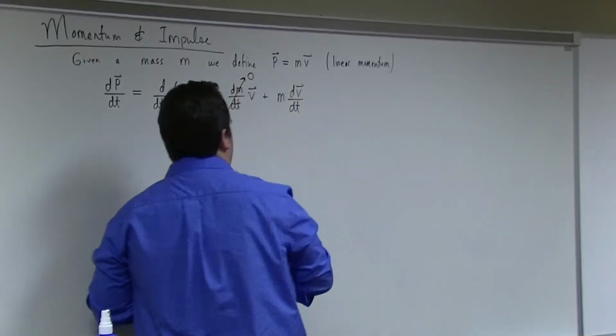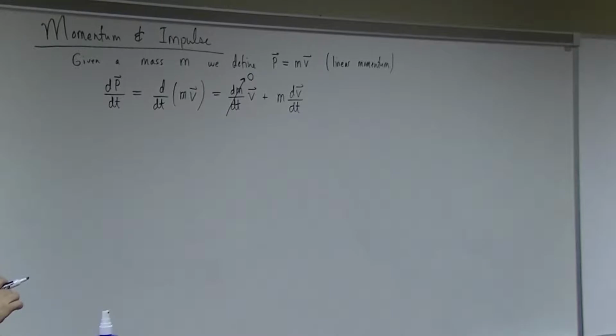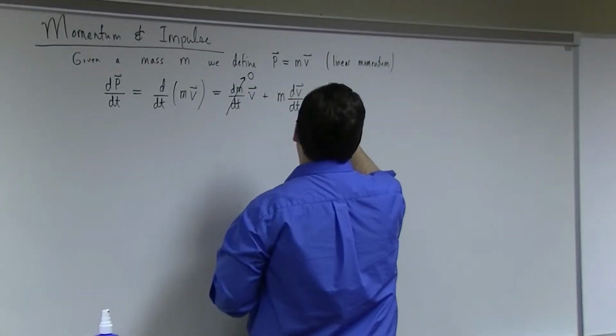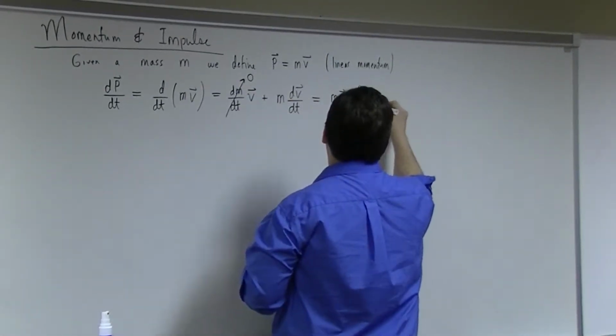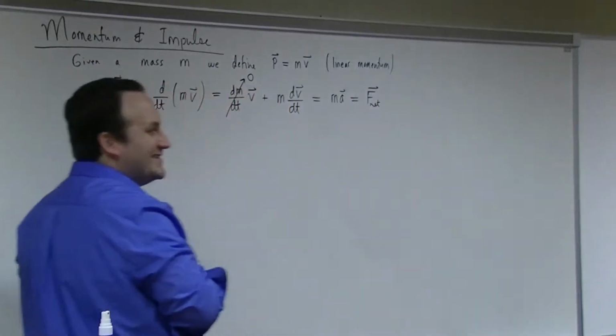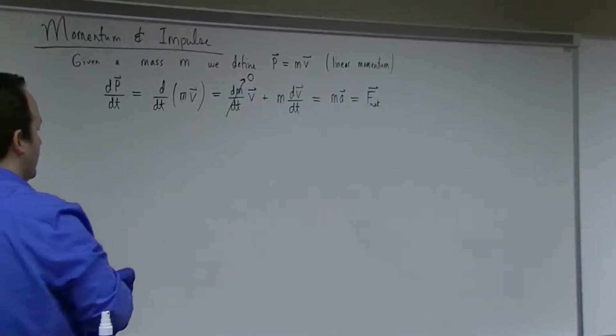So we're talking about a single particle, a fixed mass m. In such a case, dp/dt is equal to m dv/dt, but hey, what's m dv/dt? Force. That's ma, which is the net force.